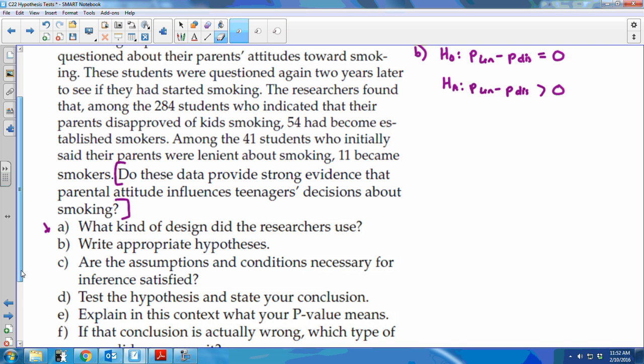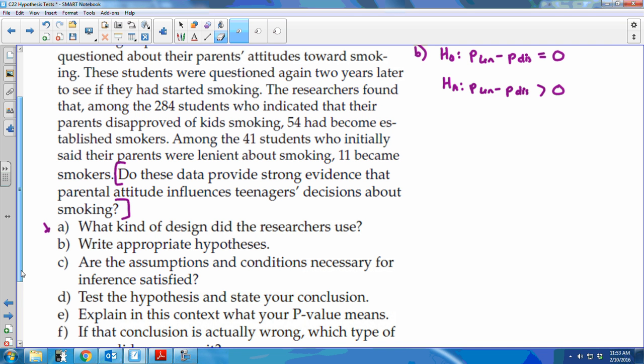No. So we need to say the 284 students with disapproving parents are a good representation of students who have parents that are disapproving of smoking. And the 41 students who have parents that were lenient about smoking are a good representation of students who have parents that are lenient about smoking. Questions about that?